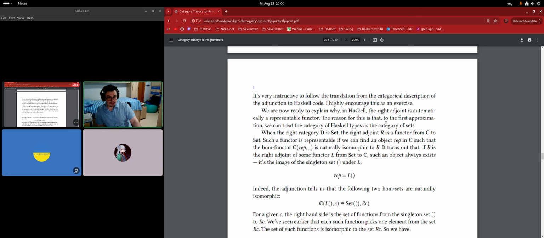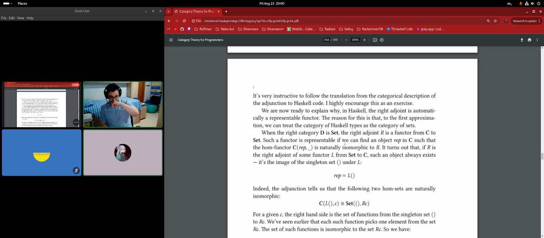The reason for this is that to the first approximation, we can treat the category of Haskell types as the category of sets. When the right category D is set, the right adjoint R is a function from C to set. Such a functor is representable, and we've seen this before, although in another chapter that I have to reread at some point.